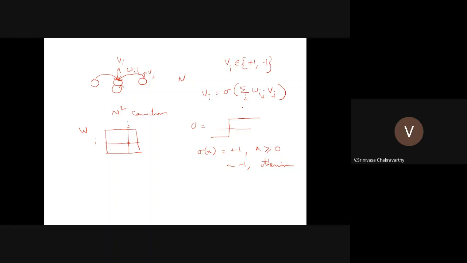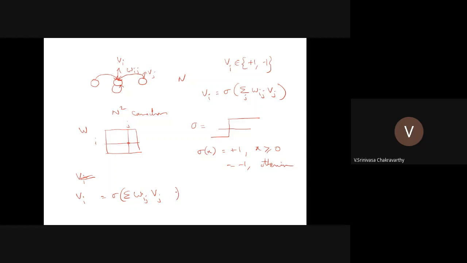So this is the equation, and there's one thing we should notice about it. vi is equal to sigma of the sum of wij vj.